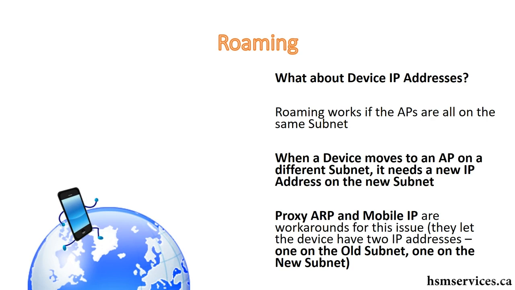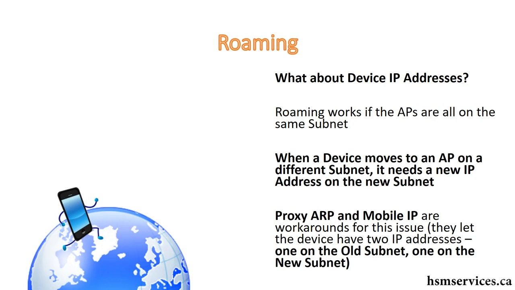So if a device moves from a first access point to the second one, and it's on a different subnet, then it doesn't get to keep its IP address. It has to get a new IP address on the new subnet. And that's totally irritating, but it's fixable.